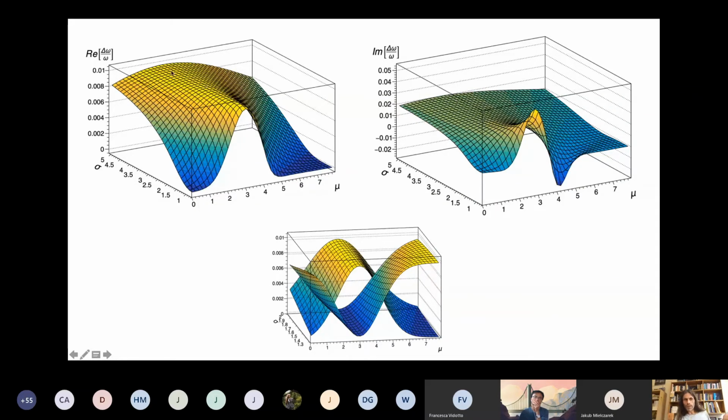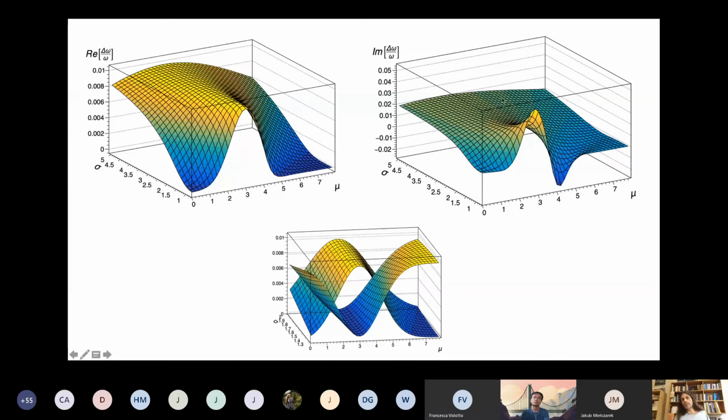This is somehow trivial. But when the deformation is peaked, then you see that the maximum effect for the quasi-normal modes appears for mu equal 3m, which does not come once again as a surprise, because 3m is the photon sphere. This is the maximum of the potential.